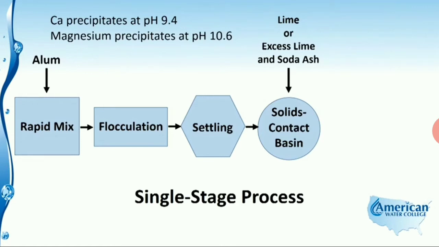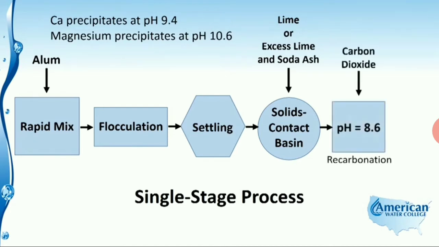But if we have a considerable amount of magnesium, say greater than 40 milligrams per liter, we might use the excess lime and soda ash method, in which case we'll raise the pH to 10.6. Following the softening portion, we have to bring the pH back down because high pH water would cause a problem with several things.